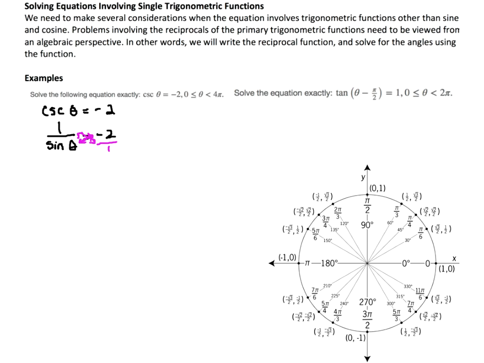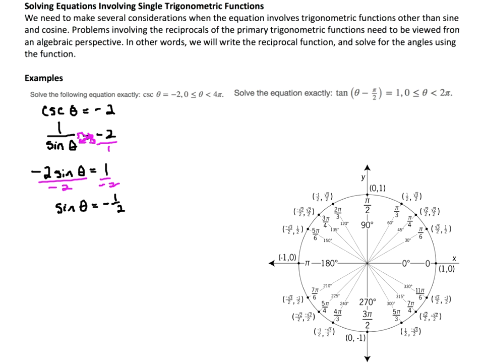So that's, oops, I grabbed my white pen again. Okay. So that's -2 sine theta equaling 1. And then to isolate sine theta, I just divide both sides by -2. And I get sine theta equal to -1/2.